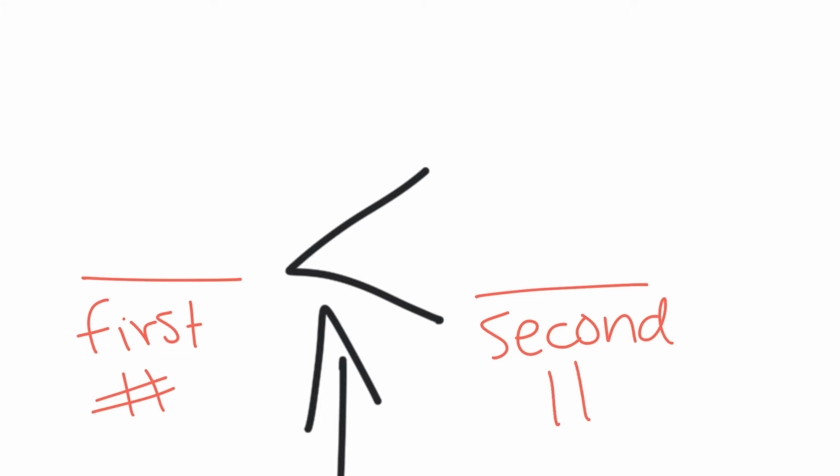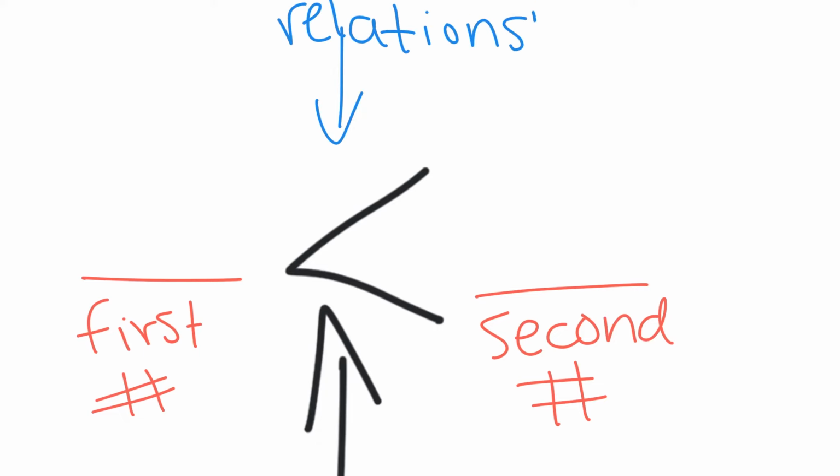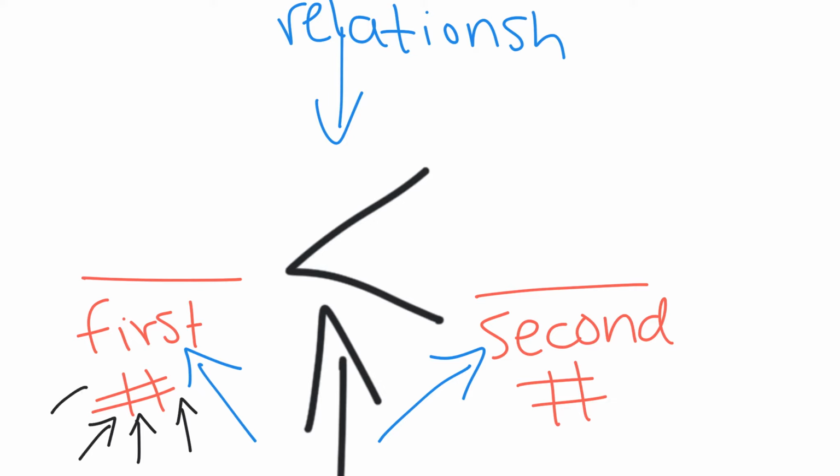The symbol in between demonstrates the relationship between the first and the second. But the big thing is you're starting with the first. So your symbol in between references the first number first.